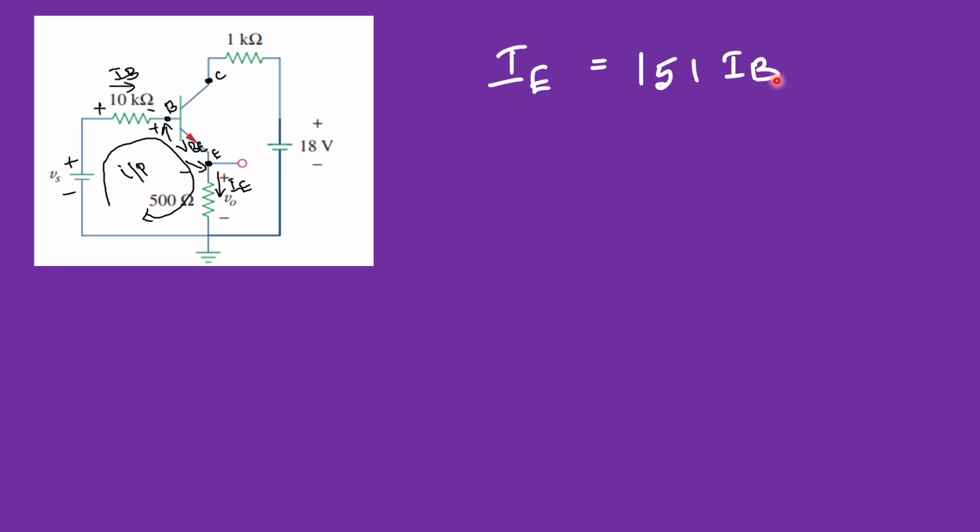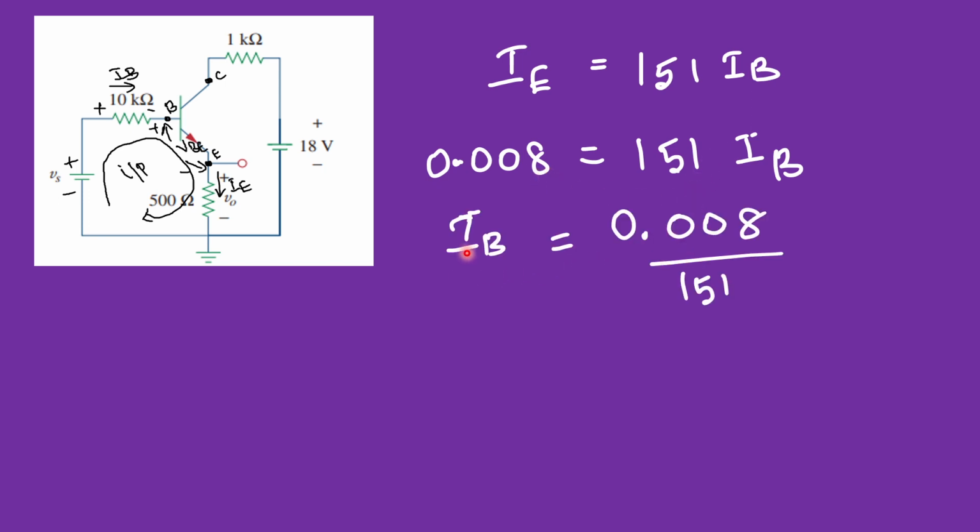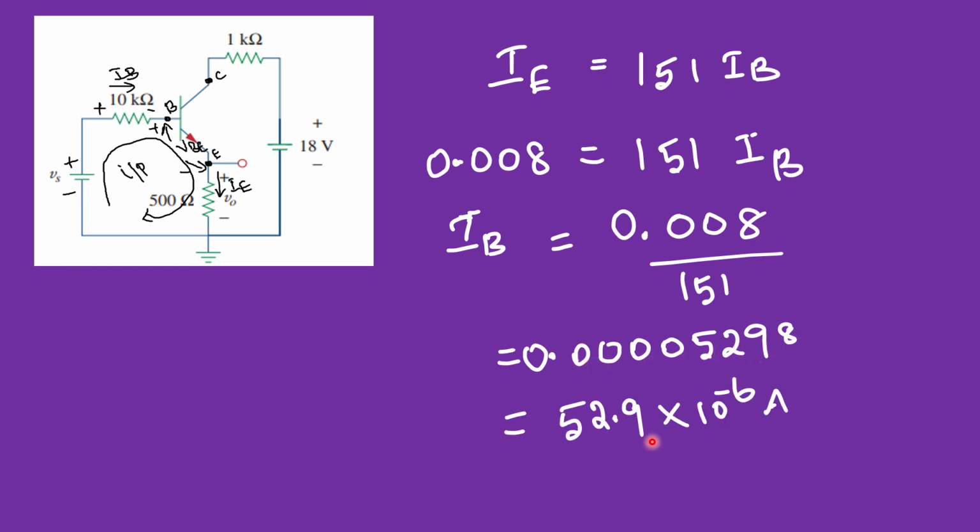And so we get this IE as 151 IB. This IE value we have already calculated as 0.008 amps. So if you substitute it and calculate for IB, we get this as 0.008 divided by 151, that is equal to 0.00005298 amps. Okay, and it can be written like this: 52.9 into 10 power minus 6 amps, or it is 52.9 microamps. So we got the value for IB.